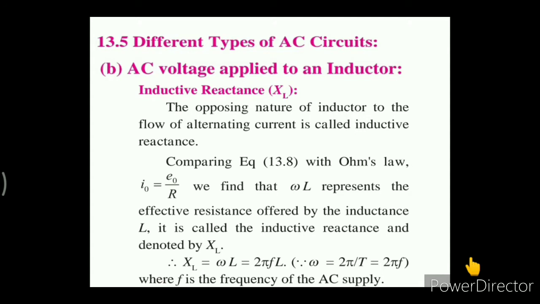The SI unit of inductive reactance is similar to that of resistance, that is ohm, and also we can conclude that it passes DC and blocks AC of very high frequency.